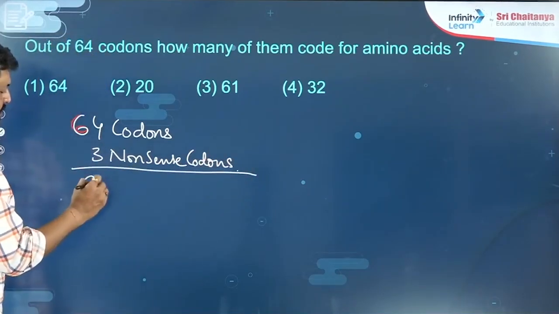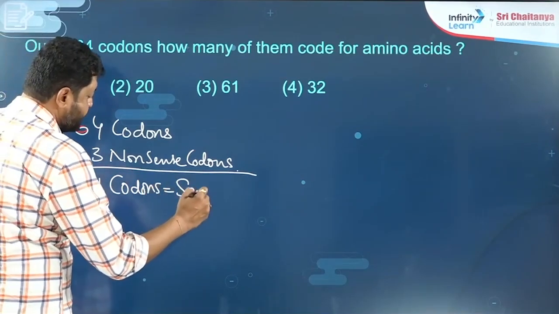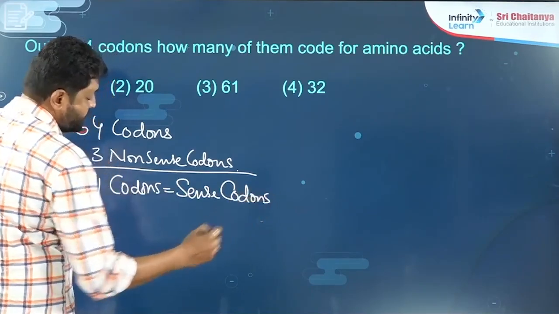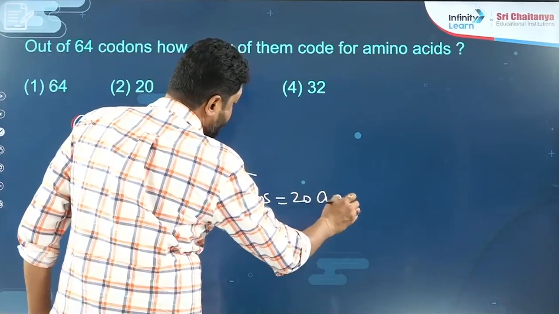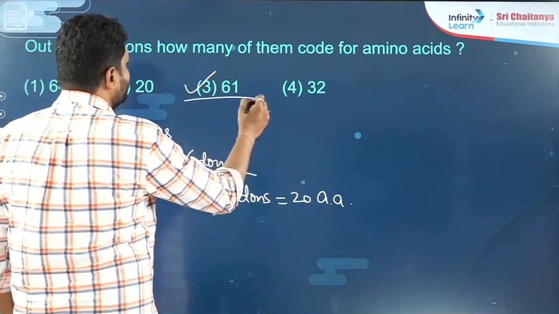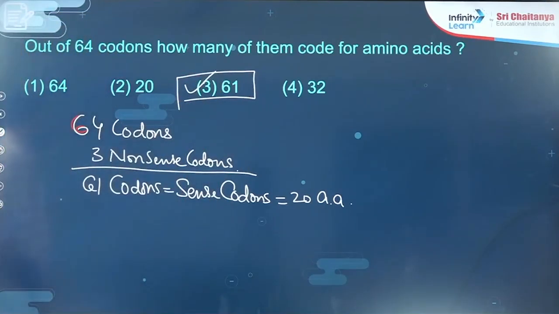So then 61 codons are called sense codons. Sense codons code for 20 amino acids. Was it clear, students? 61 codons only code for 20 different types of amino acids.